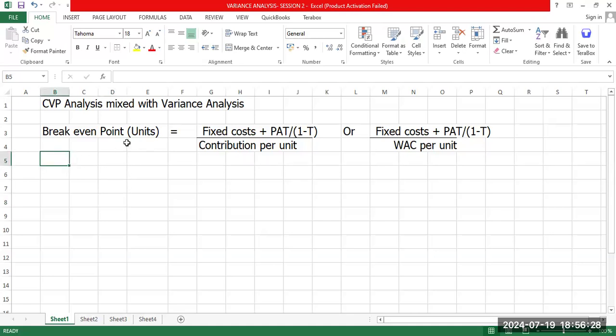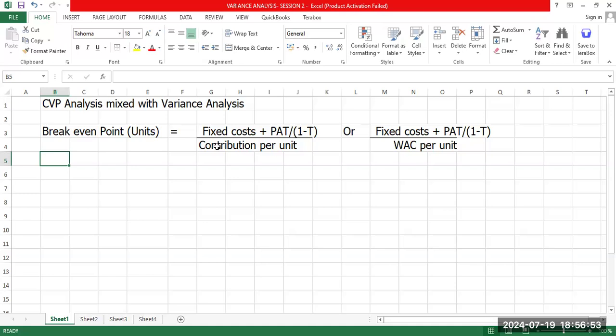So the question would be, are you given fixed costs? And the fixed costs you're talking about must be actual fixed costs. Then the question will also be, are you given a contribution? And the contribution we are talking about here is the actual contribution.